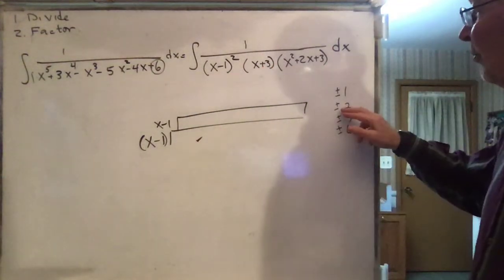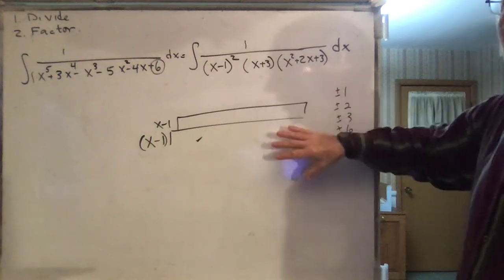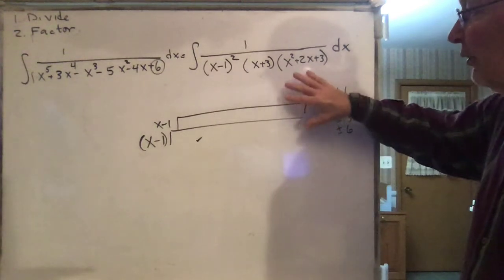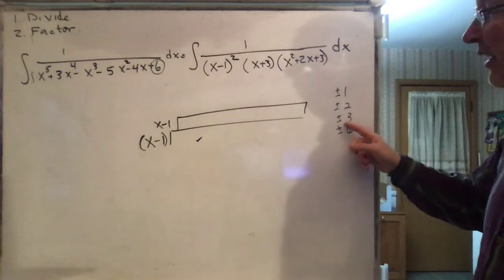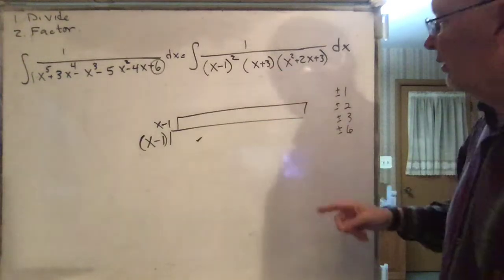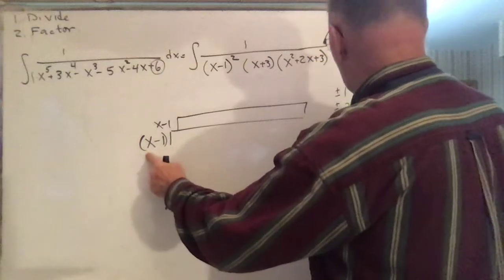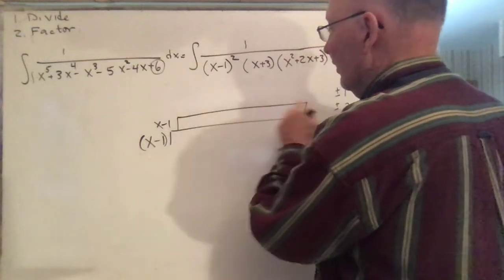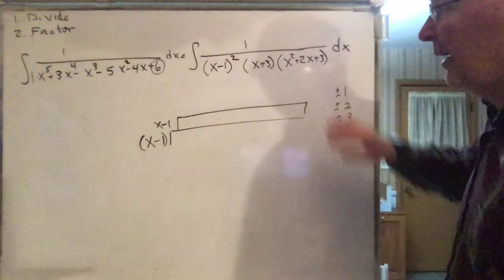If you try x plus 2 or x minus 2, nope, it's not going to work. You're going to get a remainder there, so that's not going to work. You put in x minus 3, that's not going to work. You put x plus 3, apparently it will work. Okay, so whatever's left, or you could have started it right here at the beginning. If you go x plus 3, you're going to get an answer with no remainder.